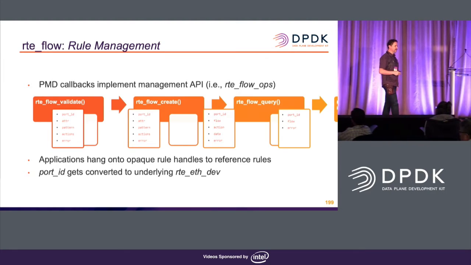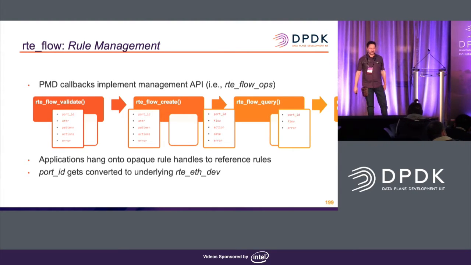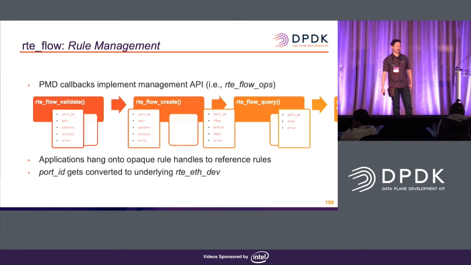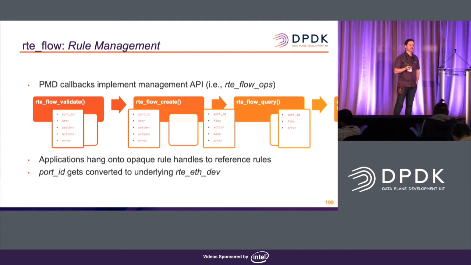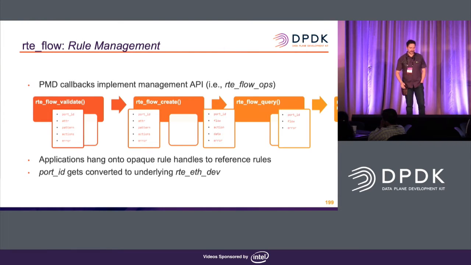We don't have that capability in this API yet. So you have to form your rule and then try to validate it with the driver using the flow validation API. The difference between validate and create is that you actually install the rule into the hardware on the create.